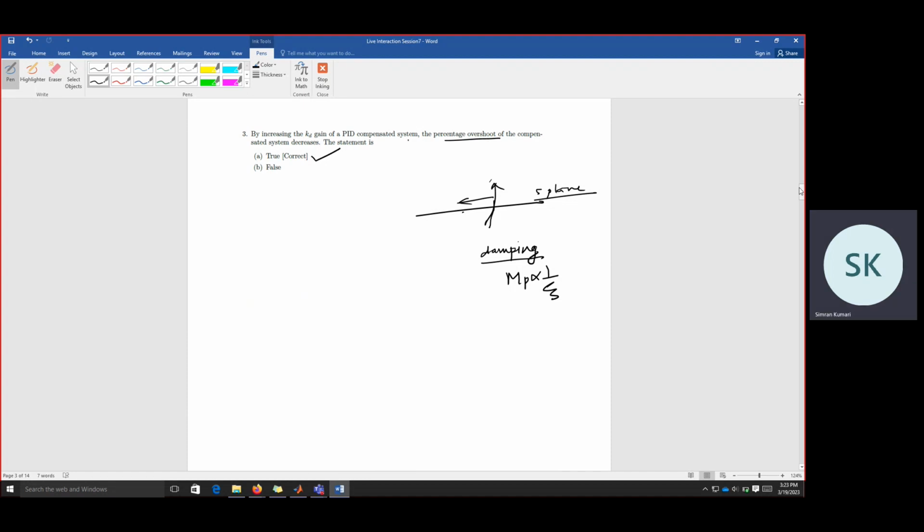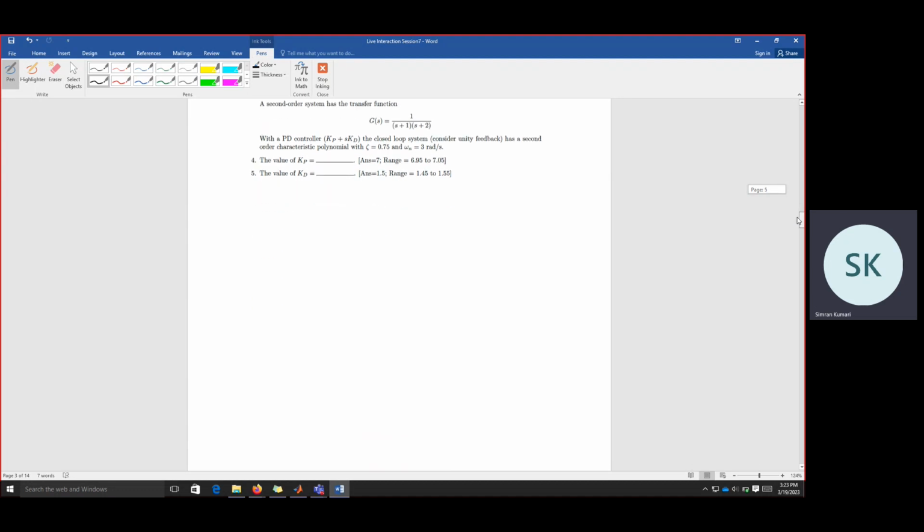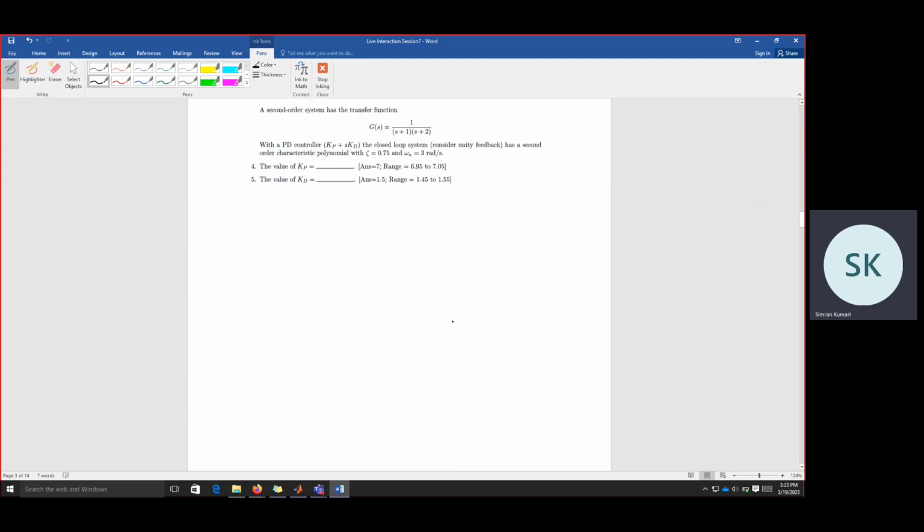Now we'll see how we can tune these PID parameters such that we achieve the desired response. Up till now we have solved questions about the effect of the individual terms in a PID controller, but how can we tune those values to achieve the desired response, we'll see in this question. We have a second order system with this transfer function, and there is a PD controller.